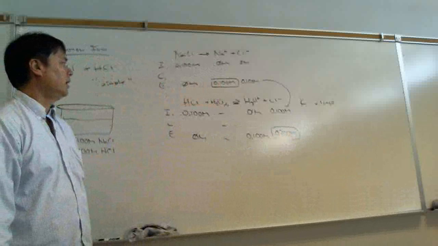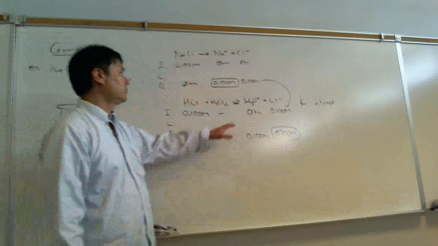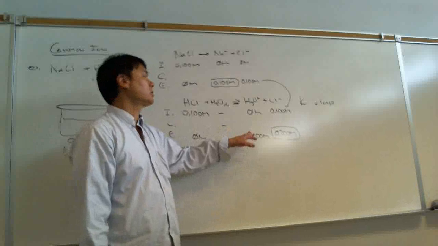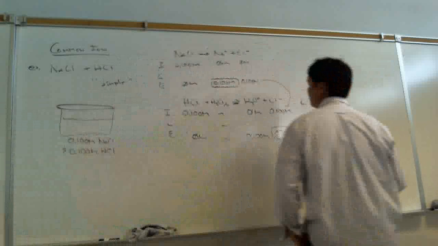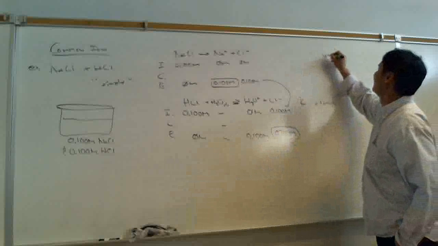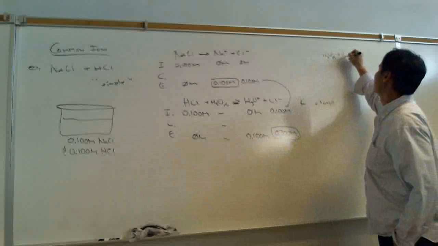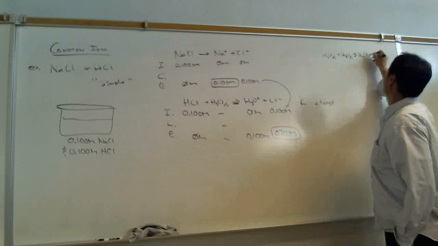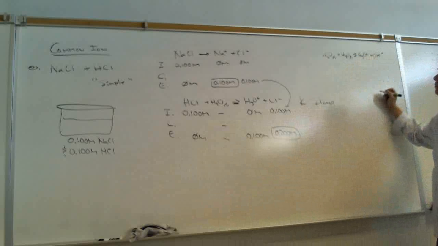The only thing left is hydronium and hydroxide. So I go on to the next step here, which would be, how much additional hydronium am I going to get from Kw? So I go to H2O liquid plus H2O liquid. This is going to give me hydronium plus hydroxide.